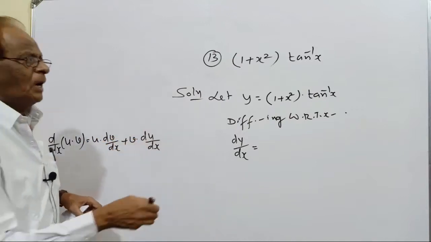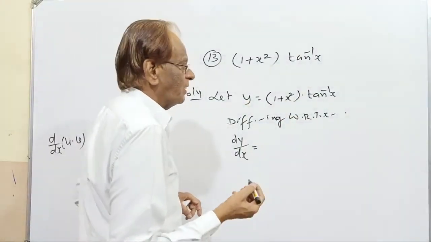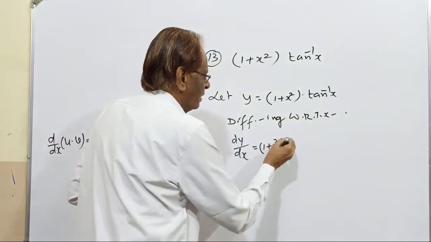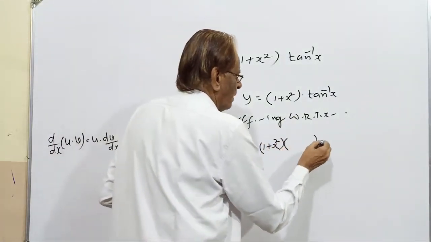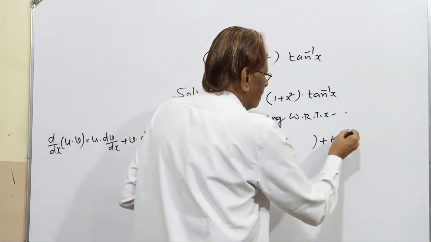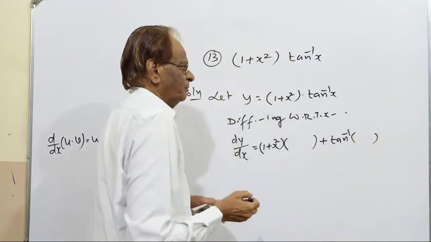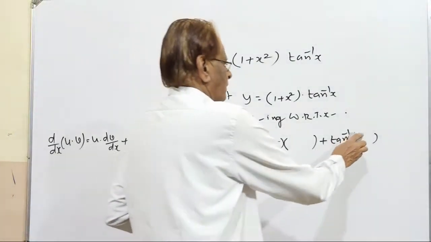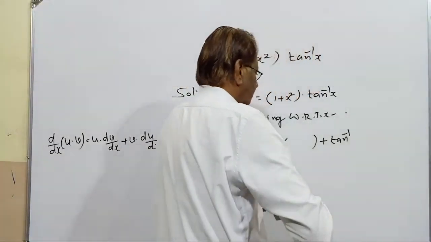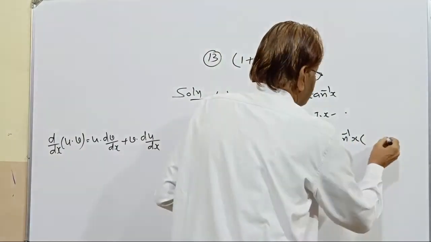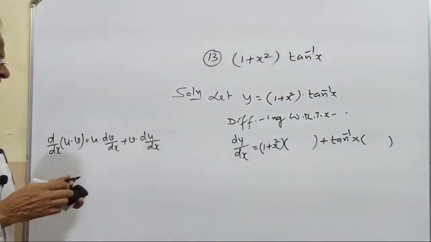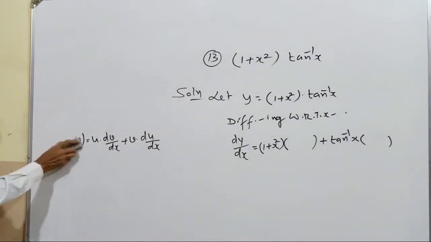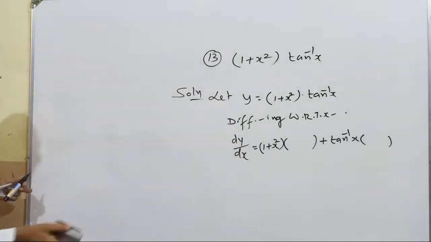Same here: bracket is the first function, tan inverse x the second function. First function as it is, differentiate second function, plus second function as it is, differentiate first function. This is also called the product rule.